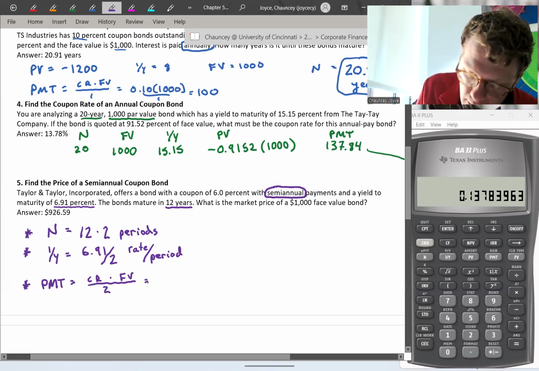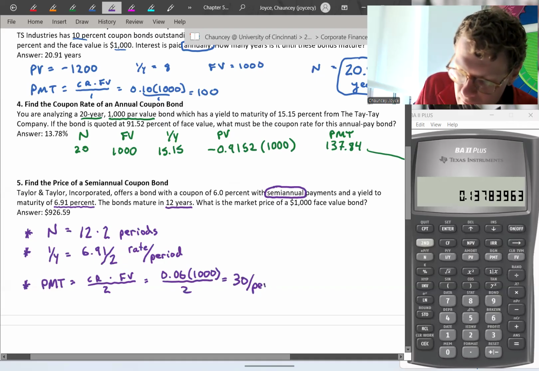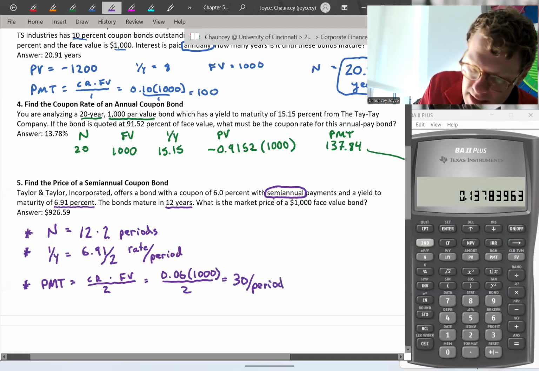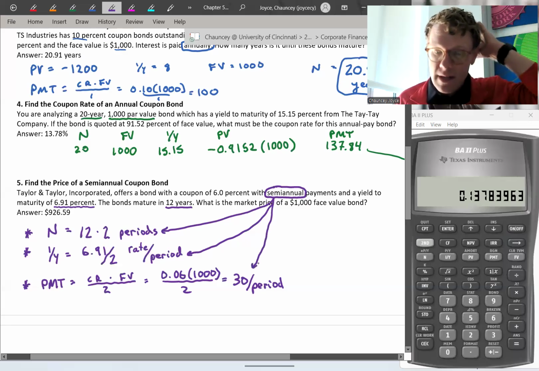So here your coupon rate is 6% of 1,000 divided by 2, for 30 per period. Again, since this is semi-annual, these 3 things need to be consistently measured. If you miss one of those, you're potentially going to get the question wrong.